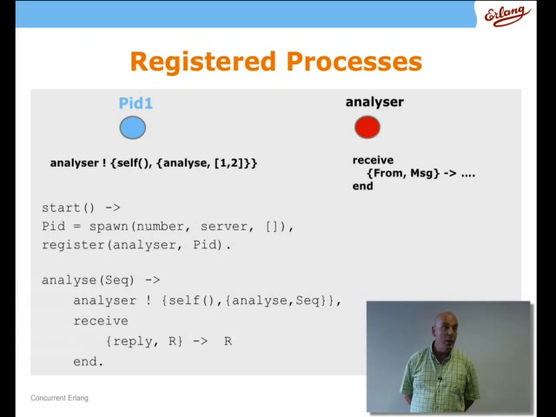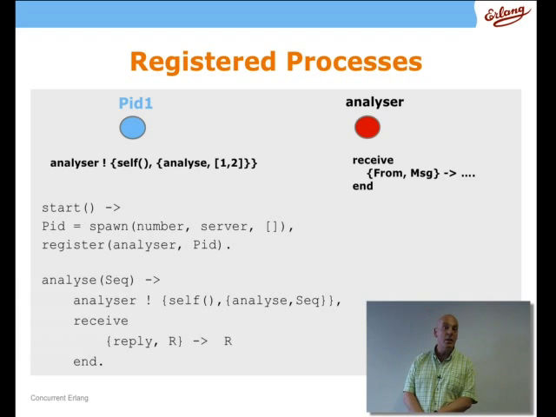You can then see how we interact with that new registered process in the analyze function. And you can see there a message is being sent not to a PID now, but to that named process, analyzer. That sends some data to be analysed by that other process.